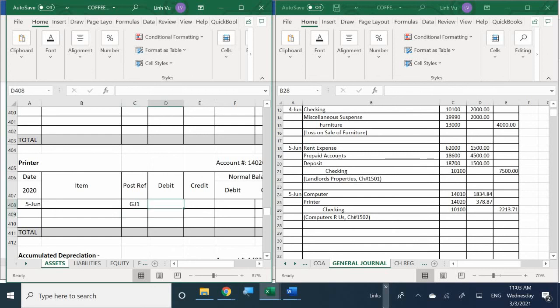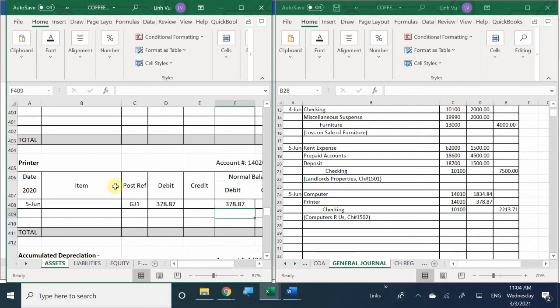Our debit amount is going to be $378.87. And of course, that means our debit balance is $378.87.